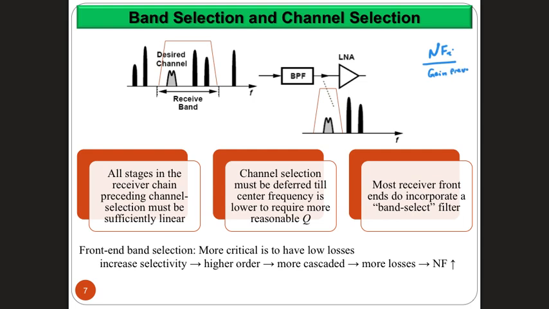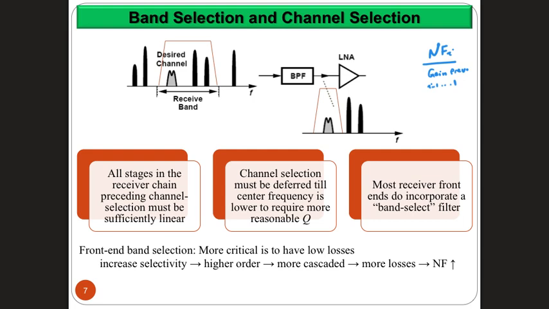Okay, so from I minus 1 until we reach the first stage, right? So if I have a noise figure at a stage after the band selection filter, and the band selection filter has a gain which is smaller than 1, so it's very lossy, this means that the noise figure of the next stage is going to be actually amplified, which is something I do not want, right?